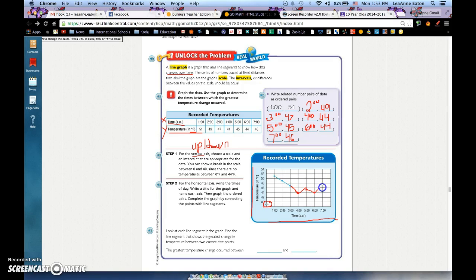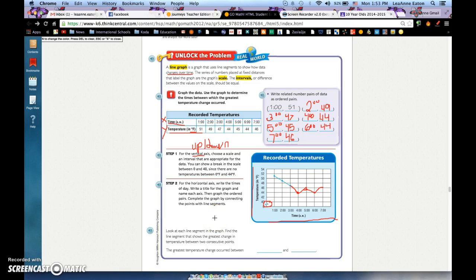Oops. Okay, hopefully your line is a little bit better than mine. There we go. Ignore the little triangle, that doesn't count. All right, so you draw your line because it's showing how the temperature has changed over time. It's looking at how it's changed over the course of 6 hours. So we draw the line because now we can visually see that temperature plummeted down and then it went a little bit up and down and kind of stayed, but still it ended the day colder than it started the day.